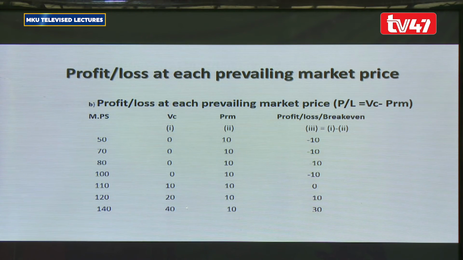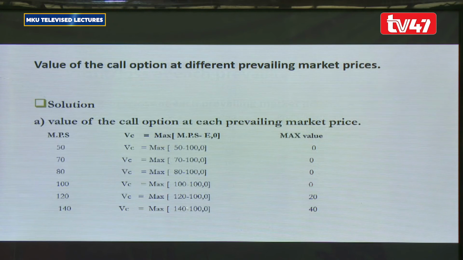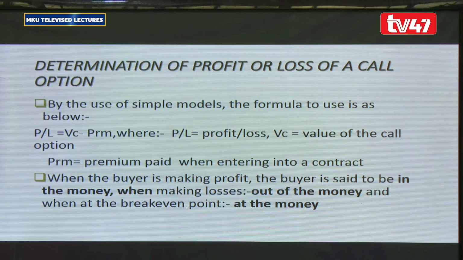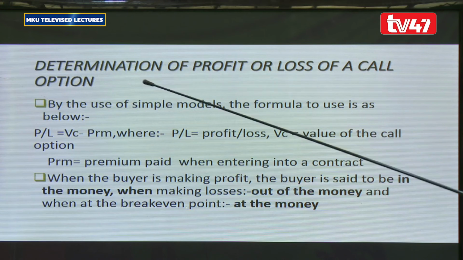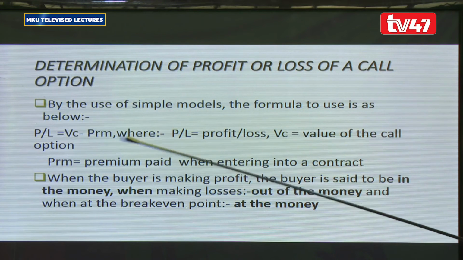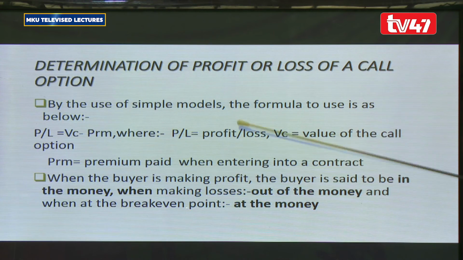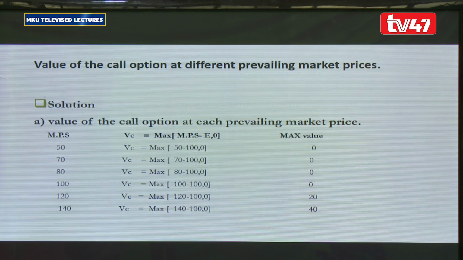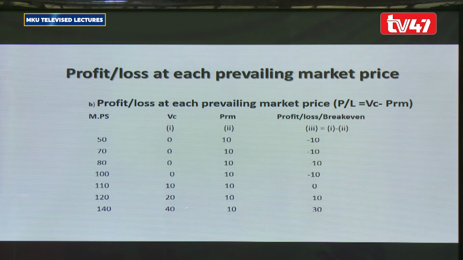And as we have said, if I can take you back, the profit or loss of a call option is given by the value, take away the premium. And do remember I said the premium is kind of a commitment fee. So if we come to our workings, we want to know the profit or loss when the prevailing market price is Kenya shillings 50.